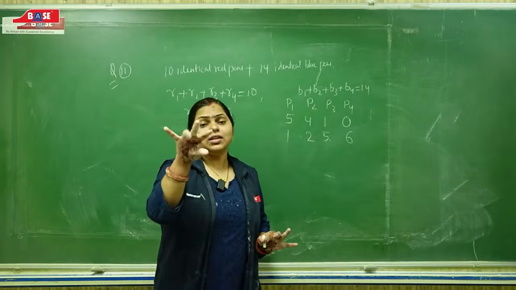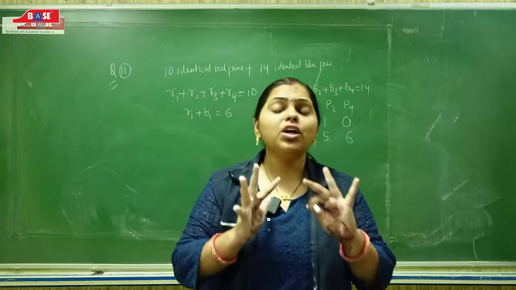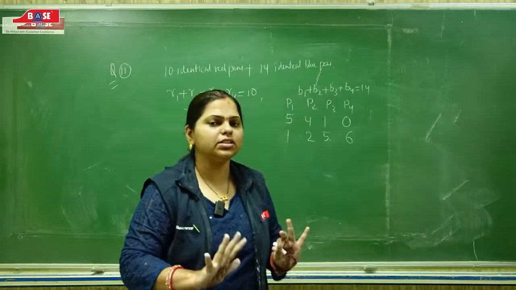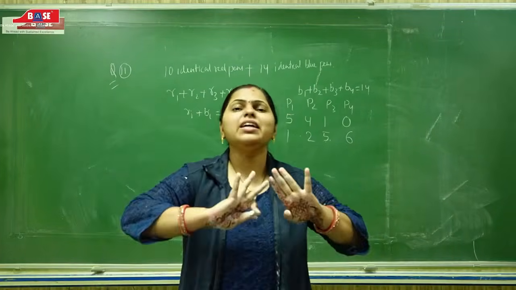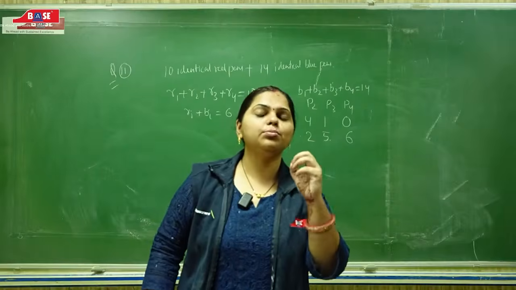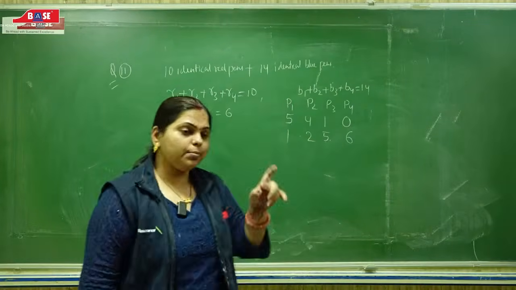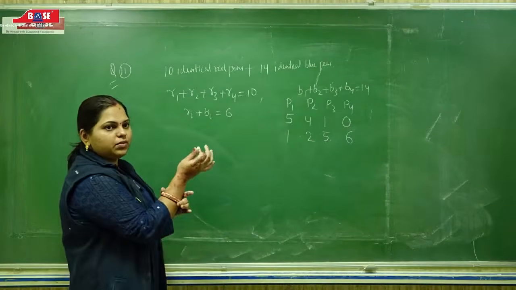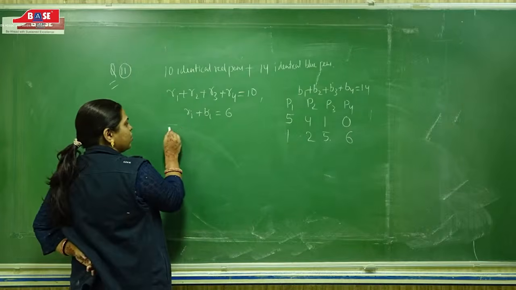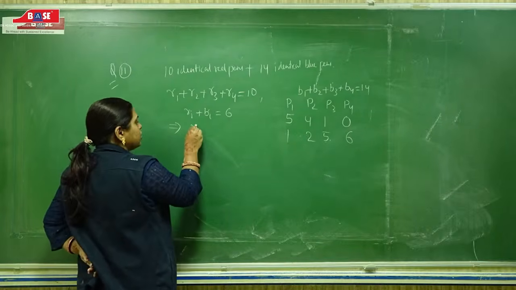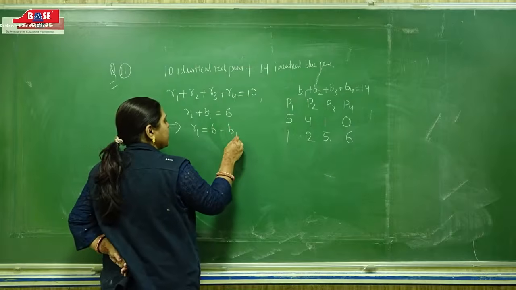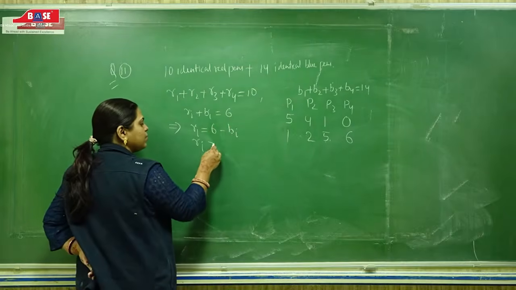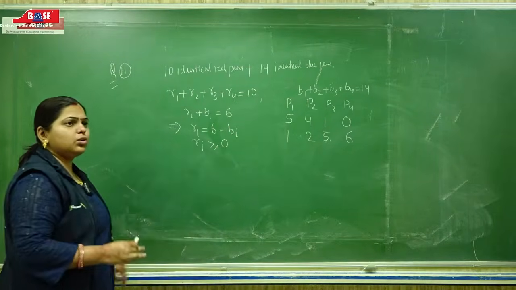This is the key point. I just need to distribute the identical red pens and we are done with the question. But we are not distributing just randomly. Why? Because Ri plus Bi equals 6. This gives Ri equal to 6 minus Bi, and Ri should be greater than or equal to 0.